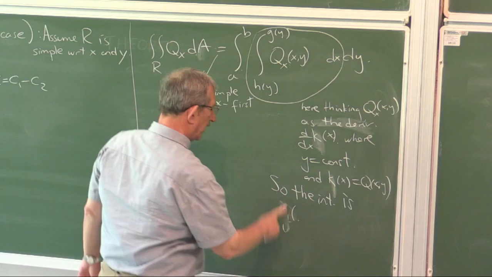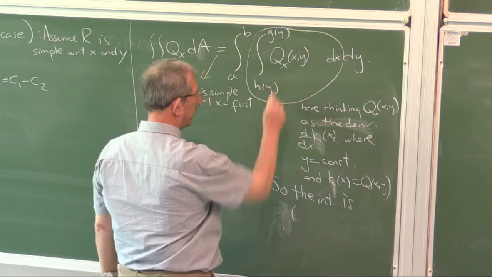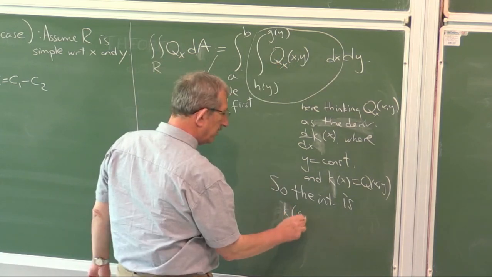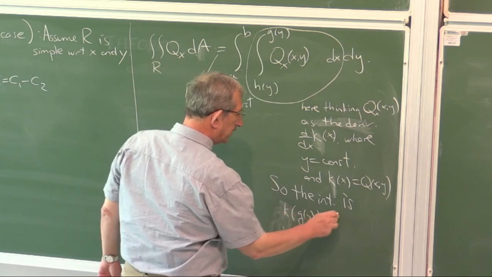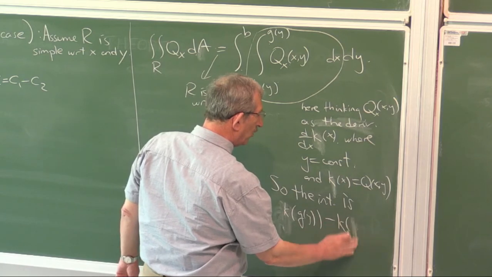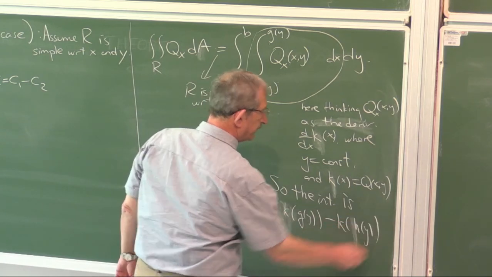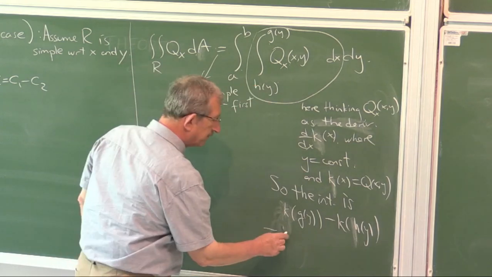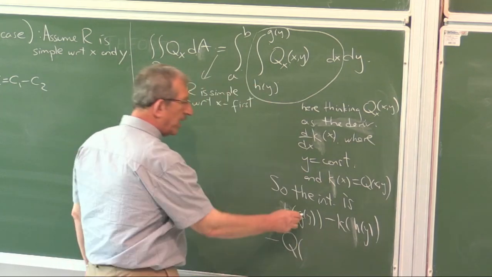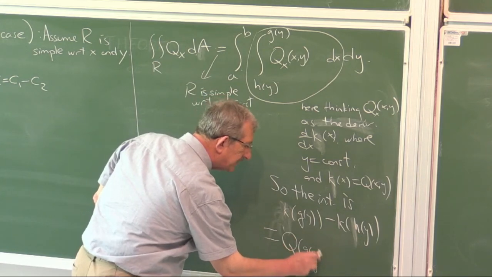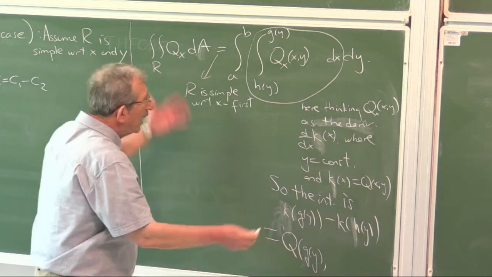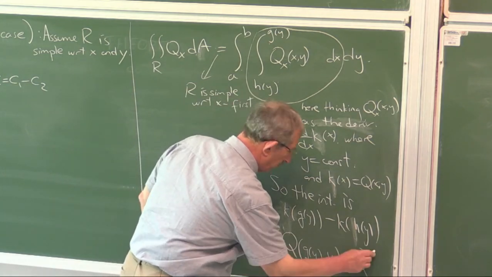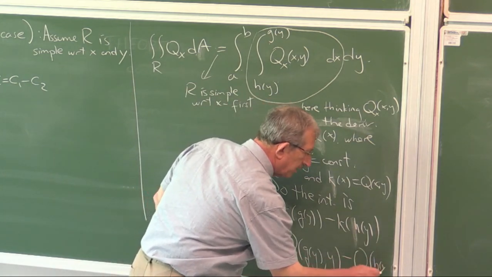So I have at the end k of the upper one minus k of the lower one. But this is nothing but q of g of y, y, minus q of h of y, y.